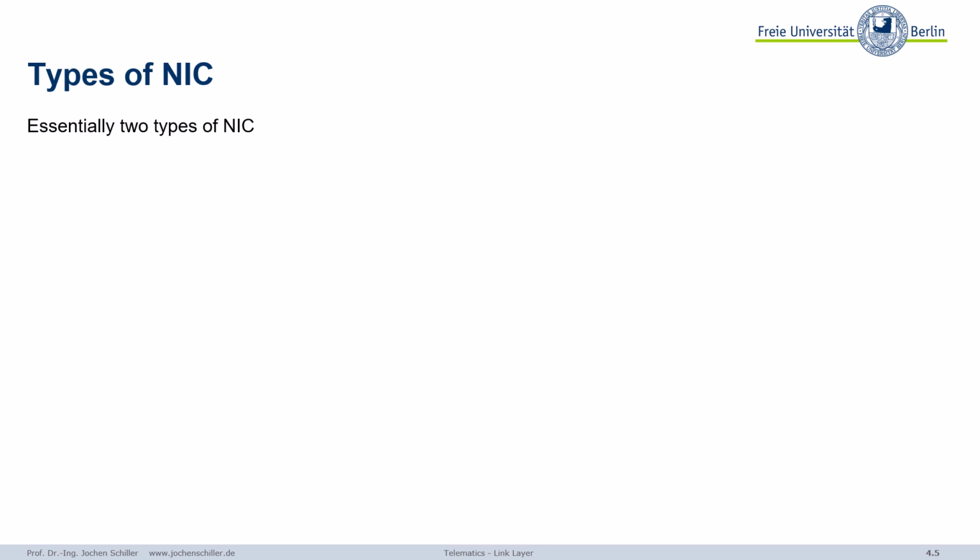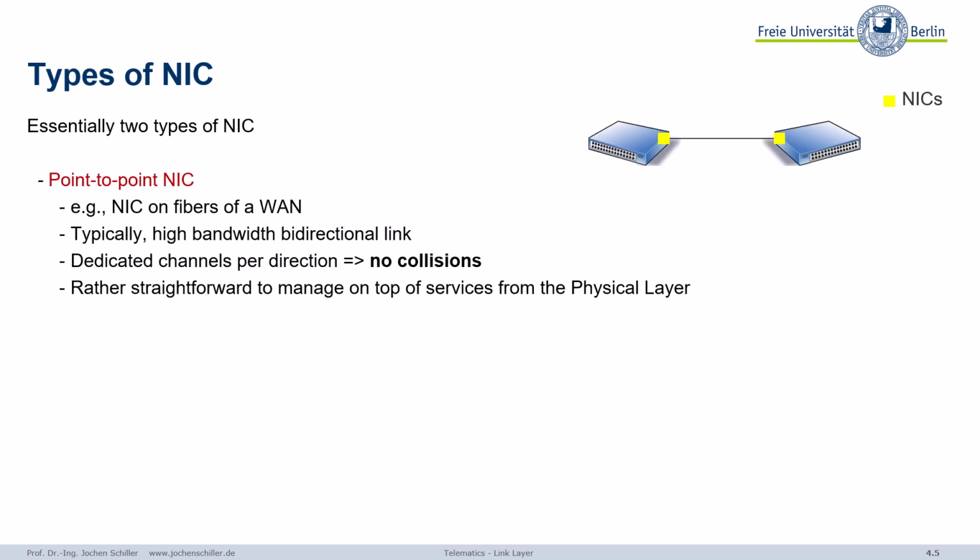So what types of network interface cards do we have? There are two types, two classes. One is what we call a point-to-point NIC. So that's the typical setting. You have a fiber between, let's say, Europe and the US, and there is a fiber in between.